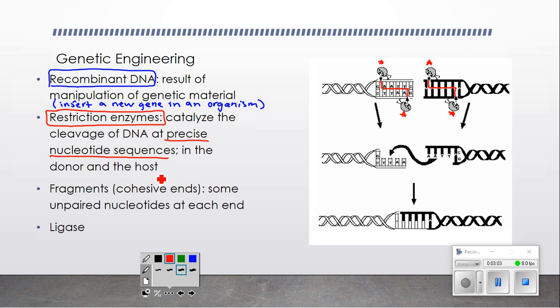Now, they aren't just going to cut anywhere. They are looking for a very specific sequence of nucleotides. If you look at the white side of the picture, the letters, I'll show you on the two sides. It goes T, T, A down here, and A, T, T up here.